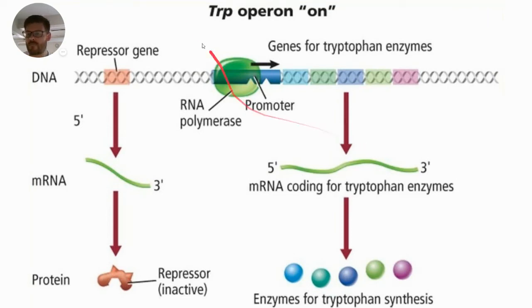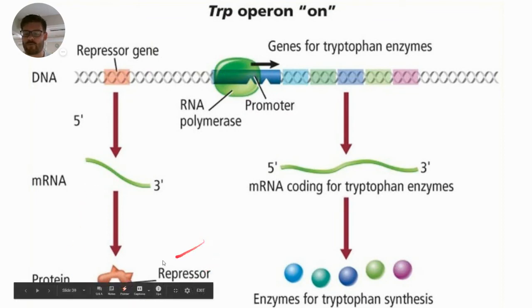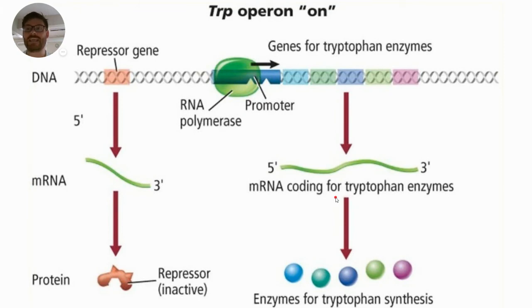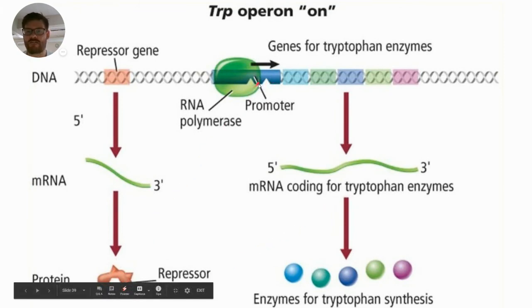There is a repressor gene also for this, but it's typically inactive. See the shape of it? It's not going to fit up here. It's all disfigured. So the repressor gene is always off.